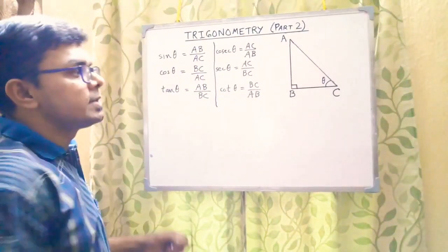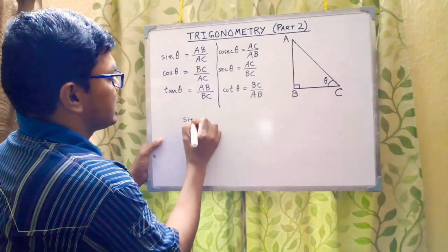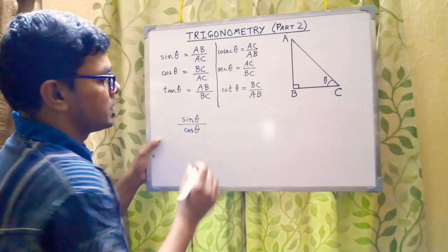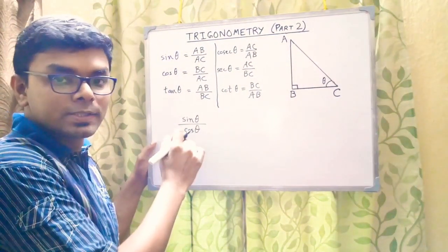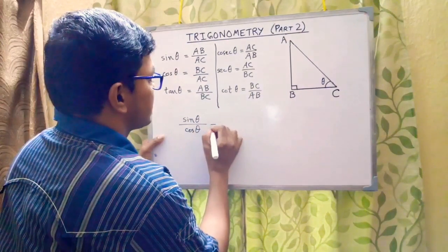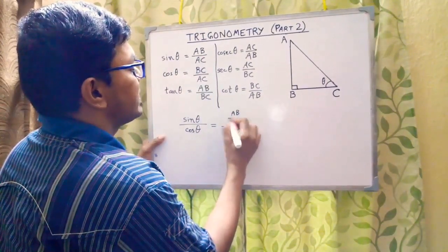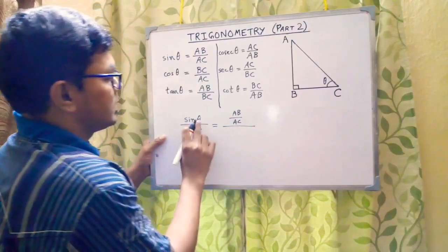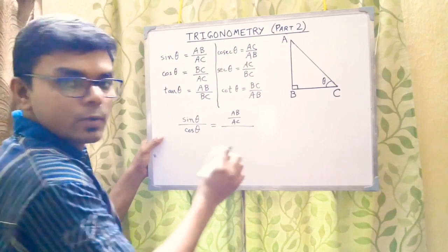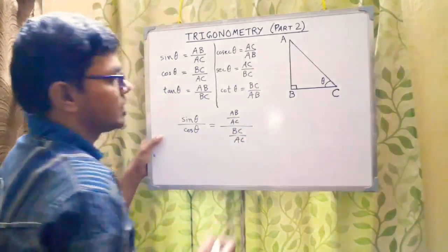Now let's see an interesting result. Let's do sin theta by cos theta and see what comes out. Sin theta equals AB by AC, so in place of sin theta I have written AB by AC, and cos theta equals BC by AC.